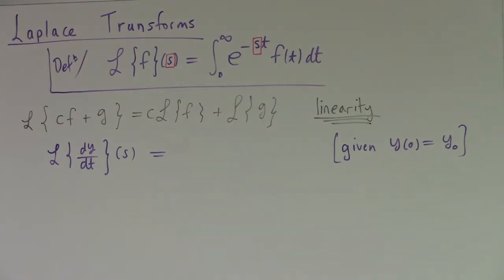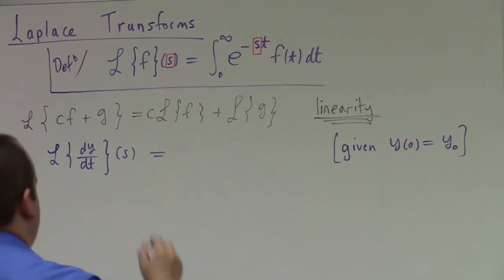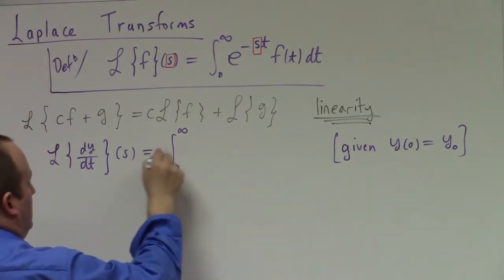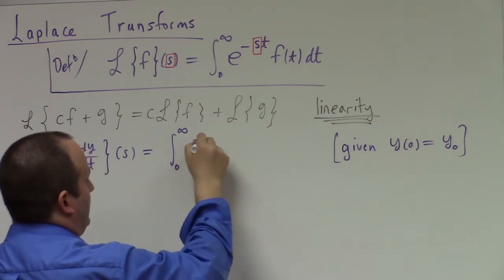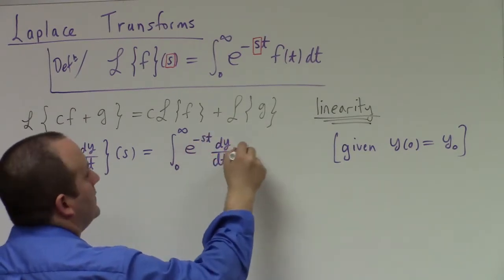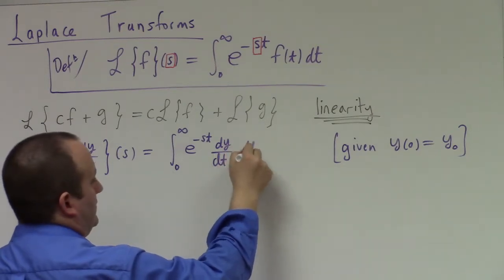So let's work that out. We have to take the integral from 0 to infinity of e to the minus st dy dt times dt.